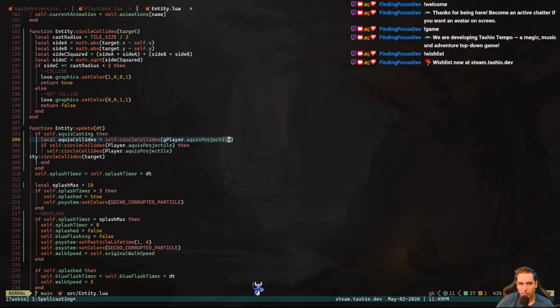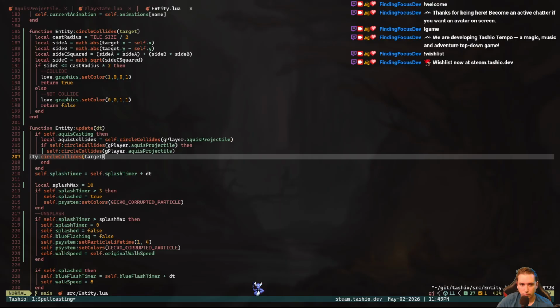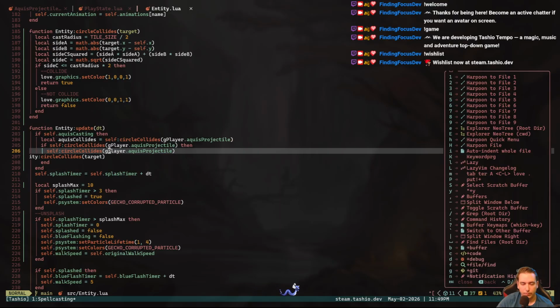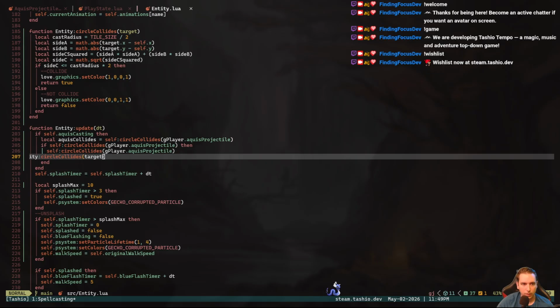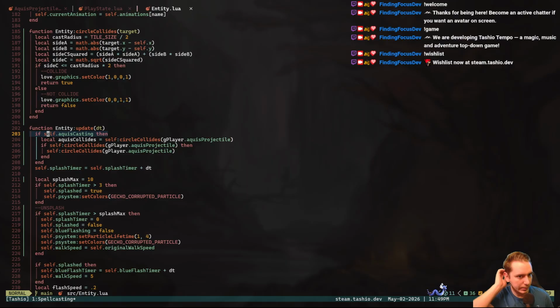Okay, so we're running the method, we're storing the result in aqueous collides. We're going to check with the target. The target is the param here. Okay. So in the entity class, we're saying, okay, well, if we're casting, then let's go ahead and check for any collisions with the aqueous projectile.